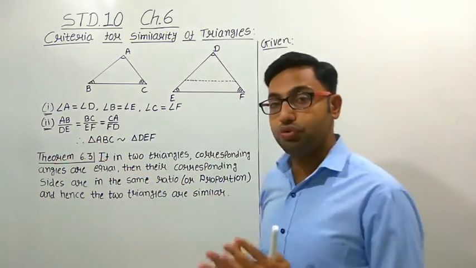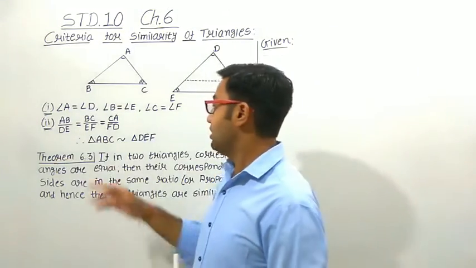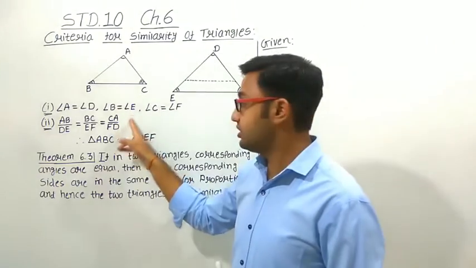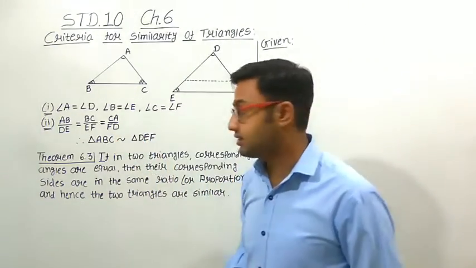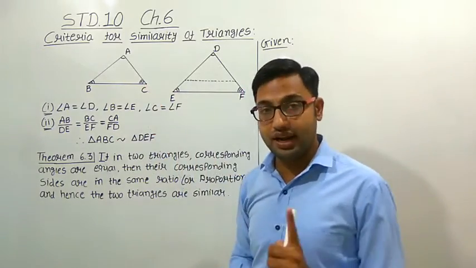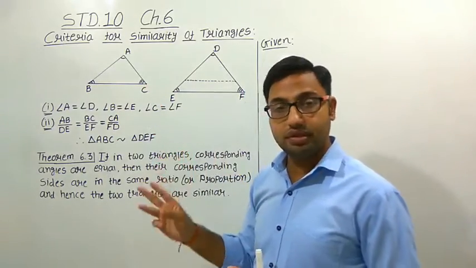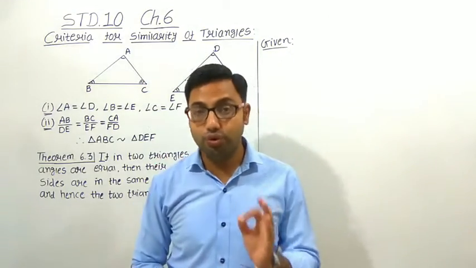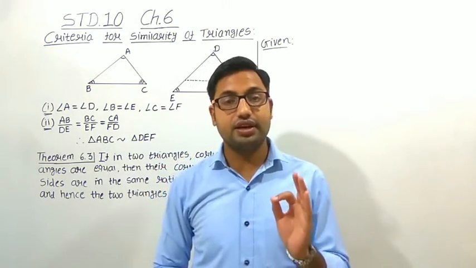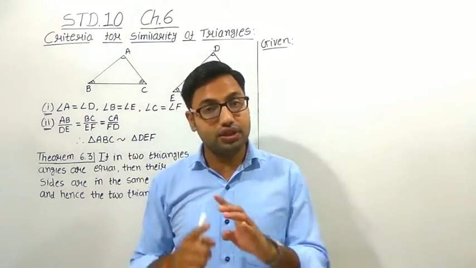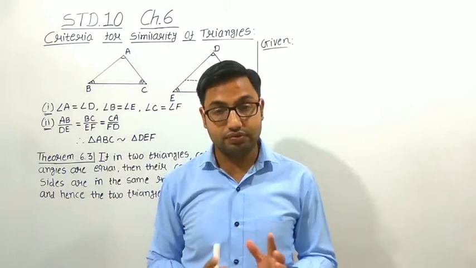If we want to prove two triangles similar, then we have to check these two conditions in the two triangles. Basically there are six properties of a triangle here: three angles and three sides. Now, when proving the congruence of two triangles, which we have already studied in standard 9, we do not need to prove that all six properties are equal.